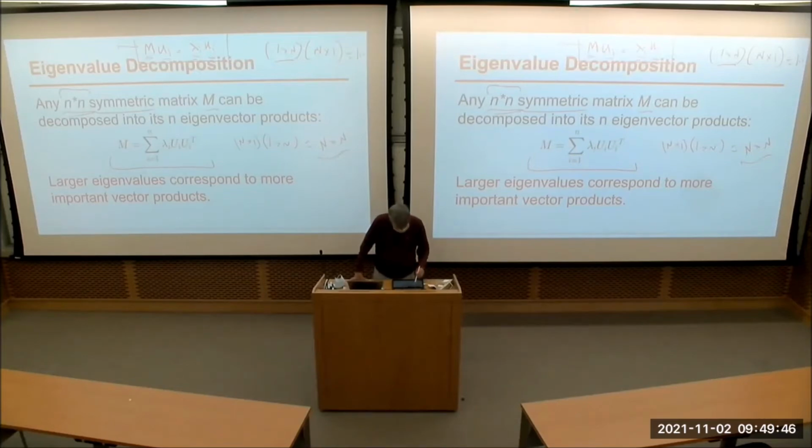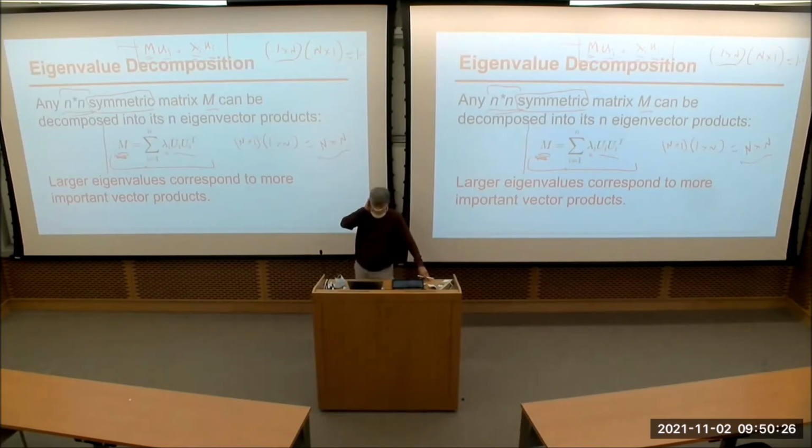One property of it is that if you're given a symmetric matrix, meaning that M of ij equals M of ji, then that matrix can be written as the sum of the outer products of all the eigenvectors times the appropriate eigenvalue. So this gives you a way to take any symmetric n by n matrix and decompose it into the products of the eigenvectors.